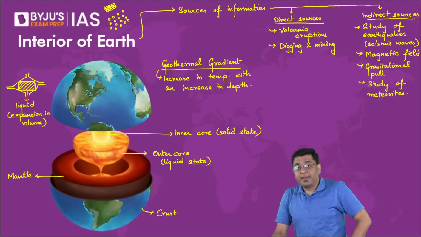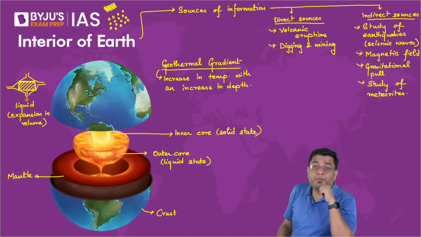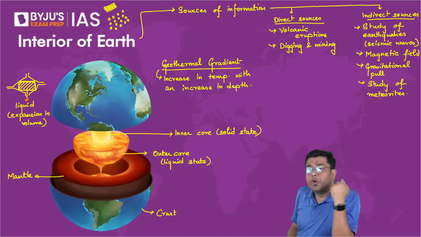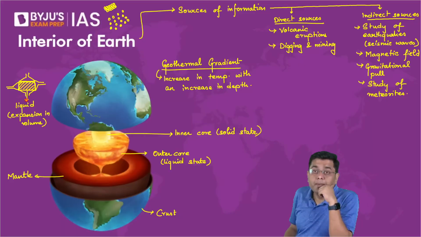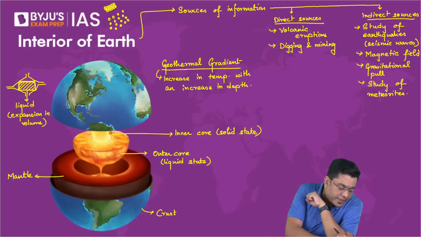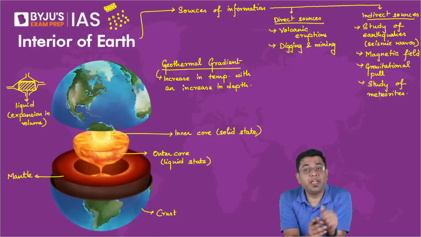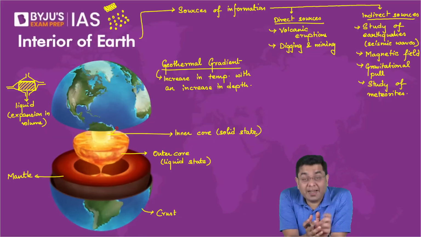In that case, if the solid is not allowed to expand at all, then what will happen? Will it get converted into liquid? No, because the molecules have no place to free themselves, no place to develop a kind of flow. So it will not melt, right? Similarly, when we talk about the inner core, above it you have thousands of kilometers of dense material lying on top of it.